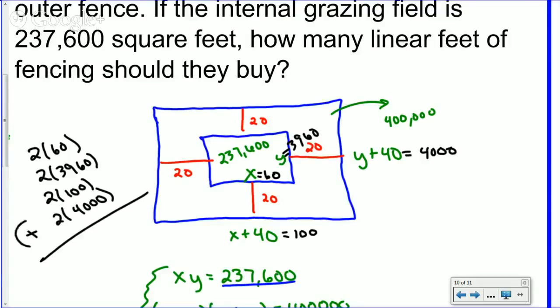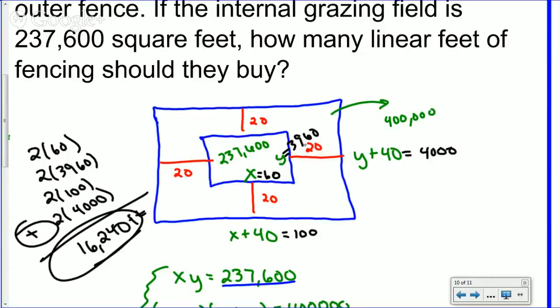If I add all that up, I will get 16,240 linear feet. That's how much fencing they need to put up.